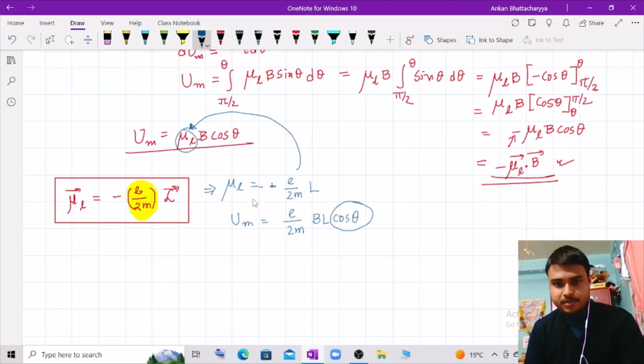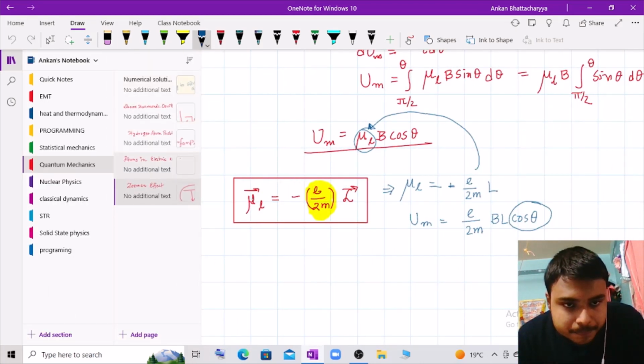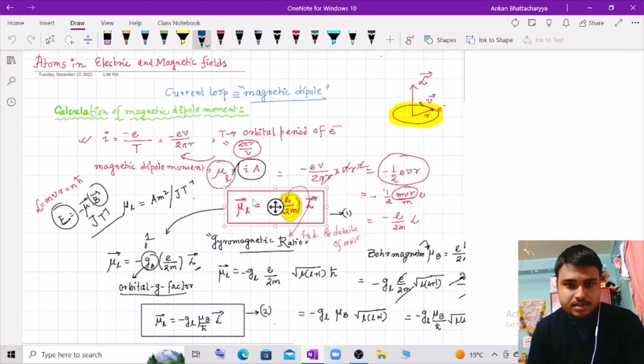Now cos theta. From our previous discussion, we can also obtain the space quantization concept.